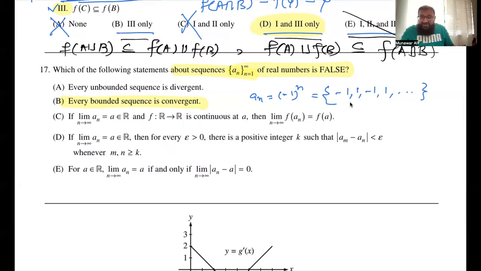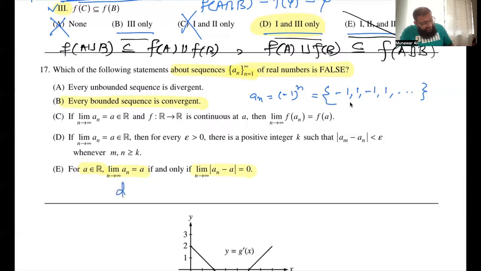So let me tell you, starting from E going upwards, I have: limit a_n equal to some number A, which is the limit of the sequence, if and only if limit n tends to infinity of |a_n minus A| is 0. This is some sort of continuity of the distance function in metric spaces.